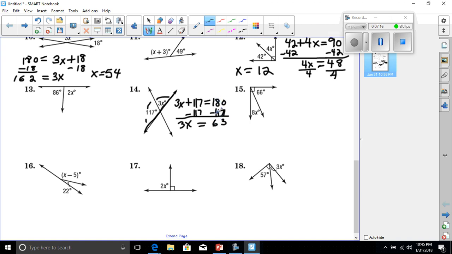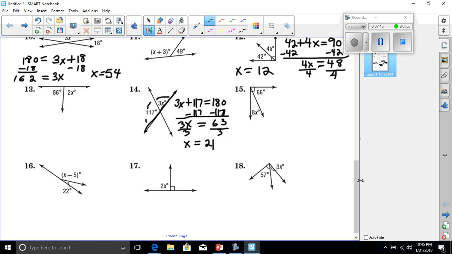And 1 minus 1 is 0, so 3x is going to equal 63. All right? Well, I have to get x alone, so I'll have to divide by 3. Whatever I divide from one side, I'm going to have to divide from the other side. Now, how many times does 3 go into 63? Well, 3 goes into 6 twice, and 3 into 3 once, so that's going to be x equals 21.